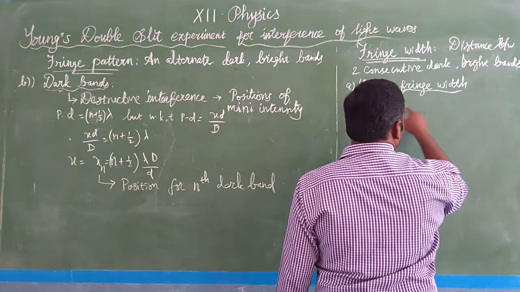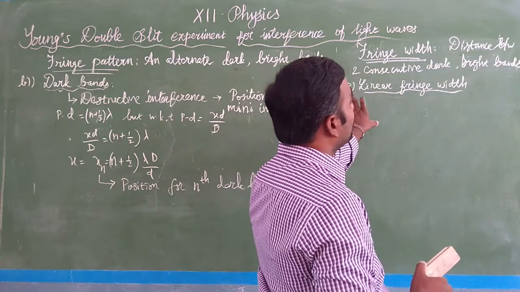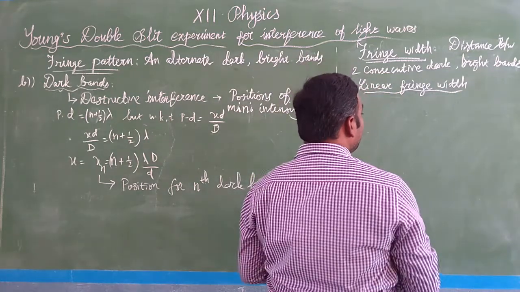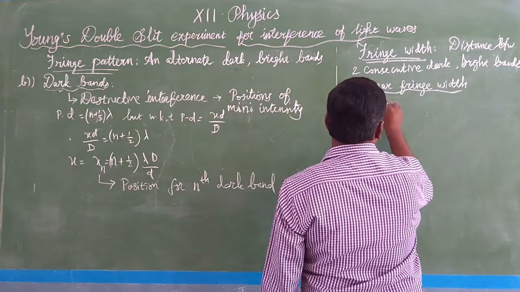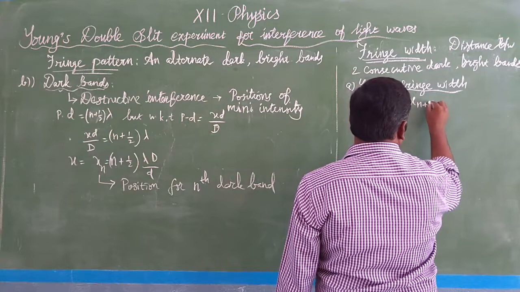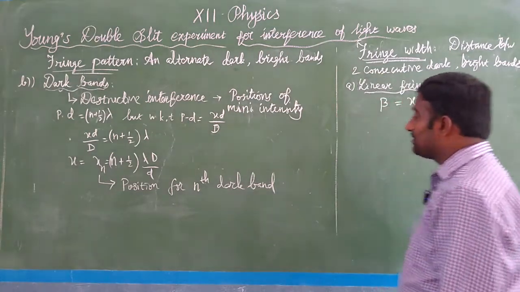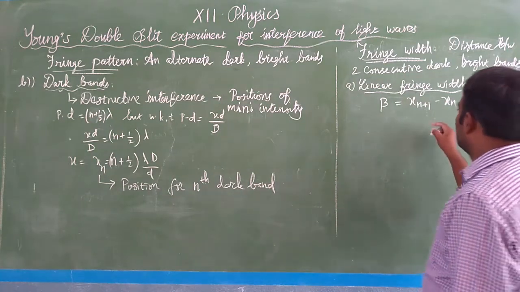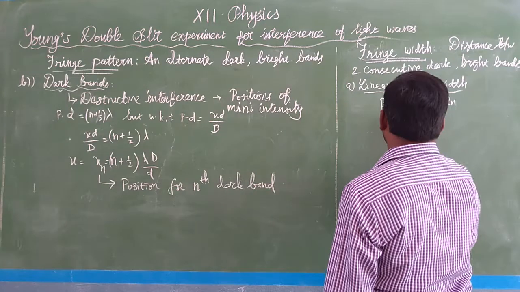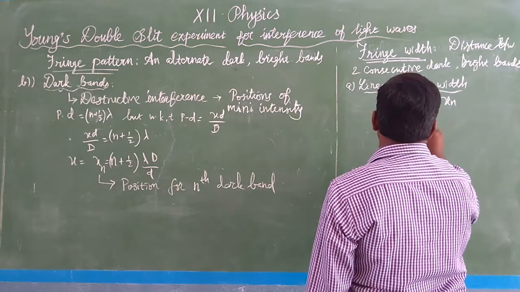The distance between two consecutive bright and dark bands is called fringe width. The linear fringe width is denoted by the symbol beta. So beta is x(n+1) minus x(n). If we take the difference of the two, what do we get? Already we have discussed: x(n+1) is (n+1) lambda D by d, and x(n) is n lambda D by d.